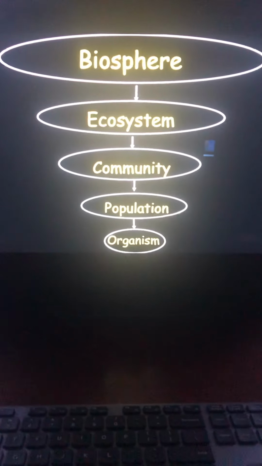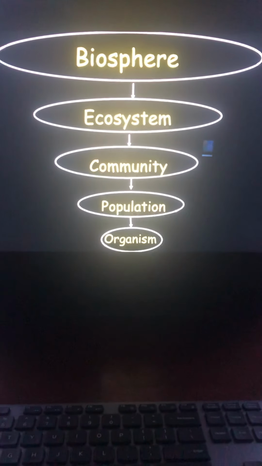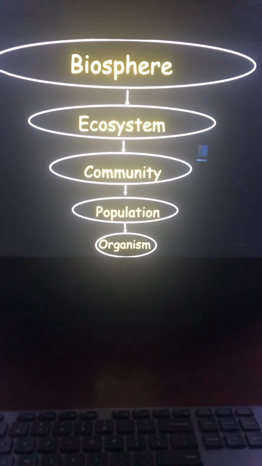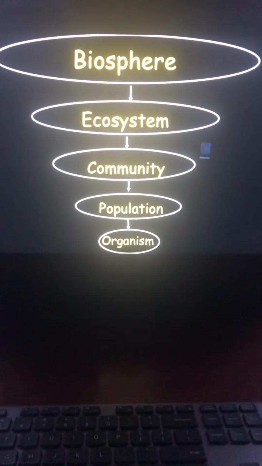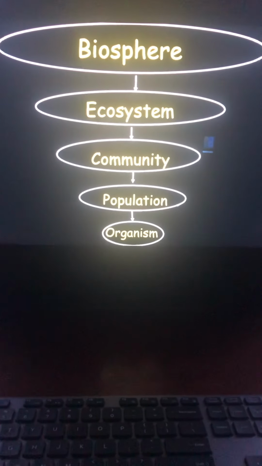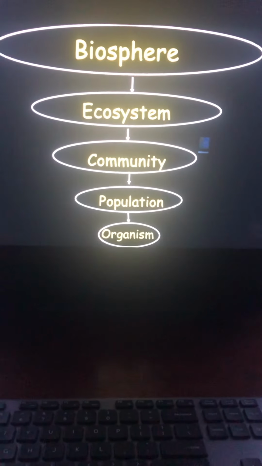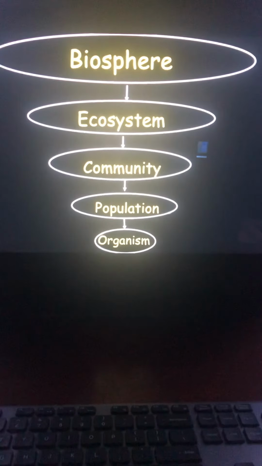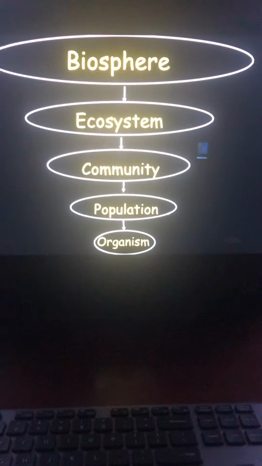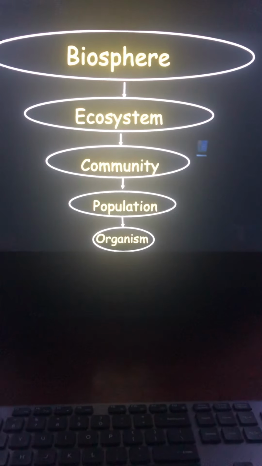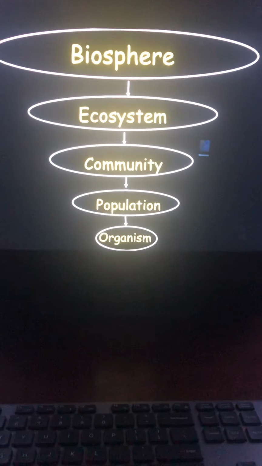When we look at levels of organization, just like when we talked about cells, we started as a cell, the basic unit of life, and then we went to tissues, to organs, to organ systems, and then into the organism. Here we start with an organism, or sometimes some textbooks say an individual. Then they become a population when they mate with one another and produce fertile offspring.